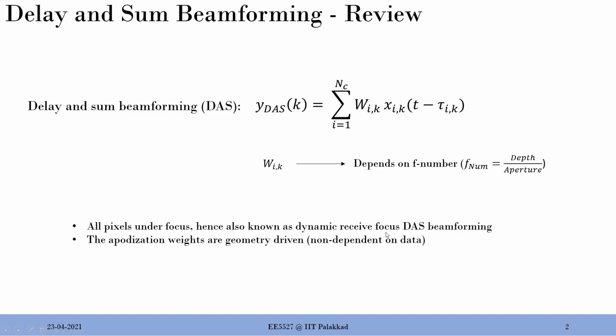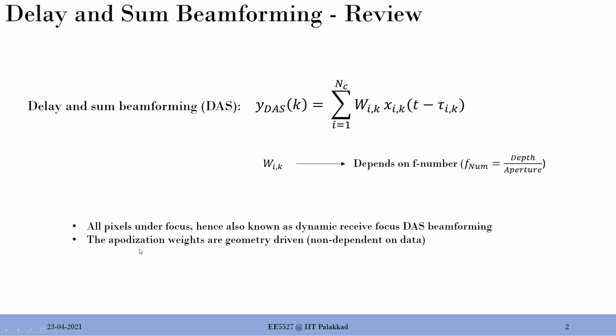Dynamic receive focus is because each and every pixel is assumed to be under focus. The reason is that you are calculating the delay, the actual travel time the signal takes from the pixel to each and every sensor. So it's as if you're assuming that point to be in focus. So that's one important aspect.